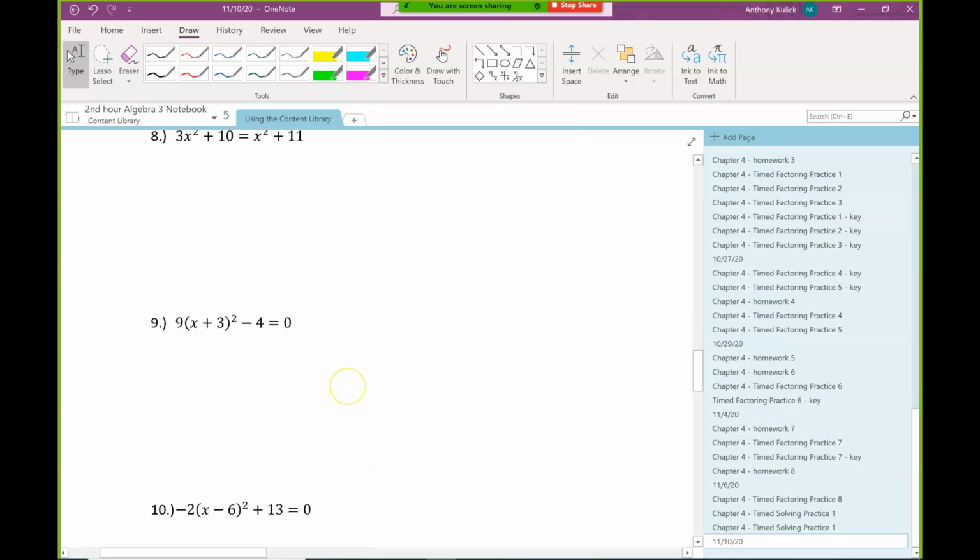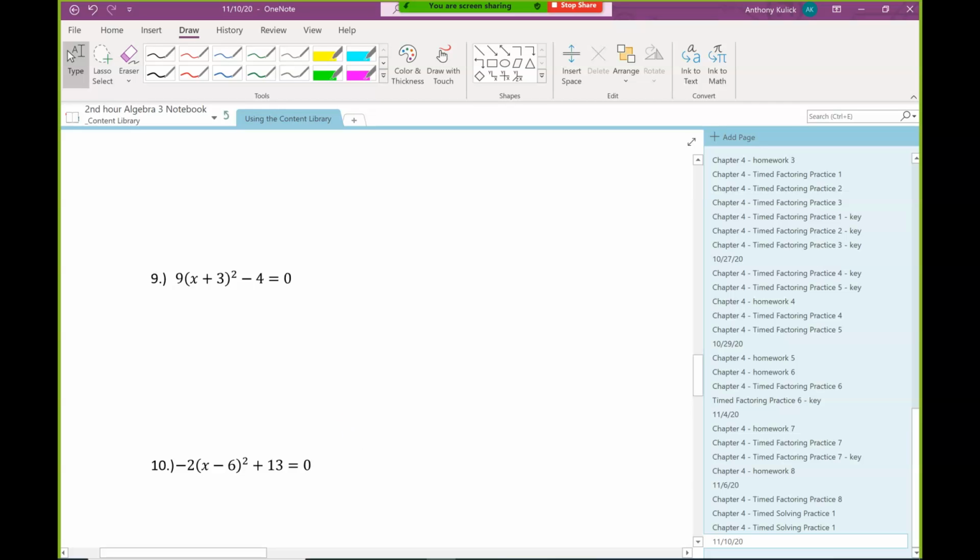So, Allie, you want to do number 9. So the directions here say solve using the reverse order of operations. So the first thing I'm going to do is add that 4 to both sides. And then I'm going to divide both sides by 9.